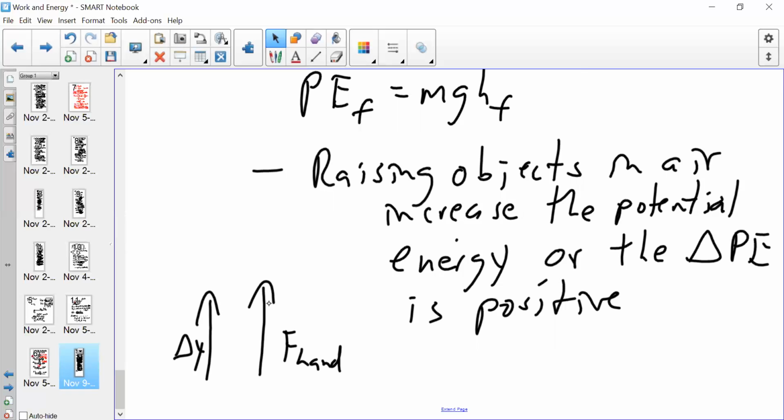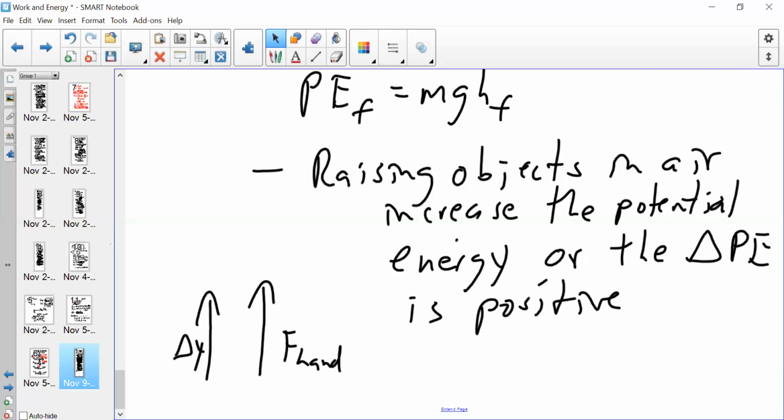The change in potential energy is positive. The work that I do is positive, because my force and the displacement are in the same direction. But also, at the same time as I'm raising the object into the air, the force of gravity is going to be doing negative work, because it's going opposite the displacement, by the first principles we learned about work. When the force and displacement are working together in parallel with each other, the work is positive. When there's a force that is opposite the displacement, that work is negative.